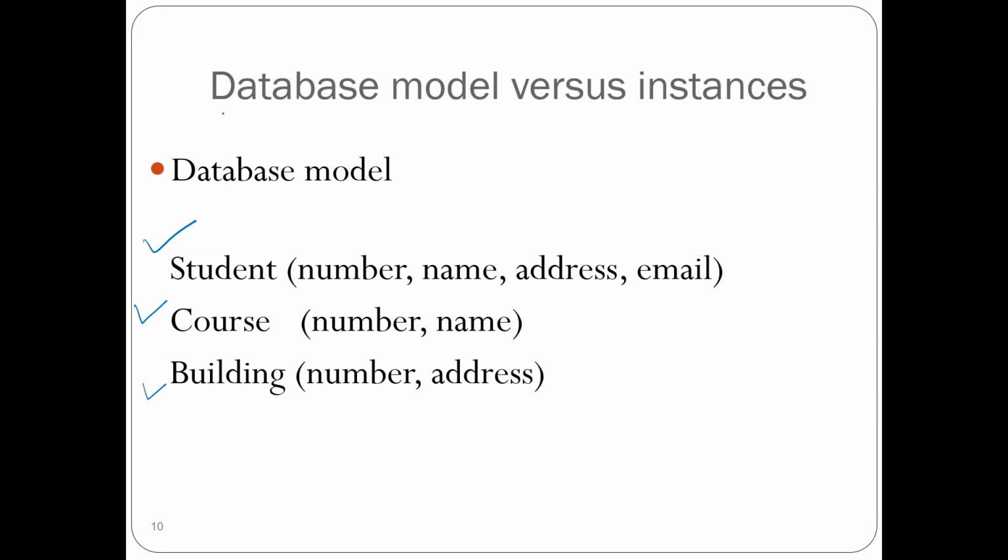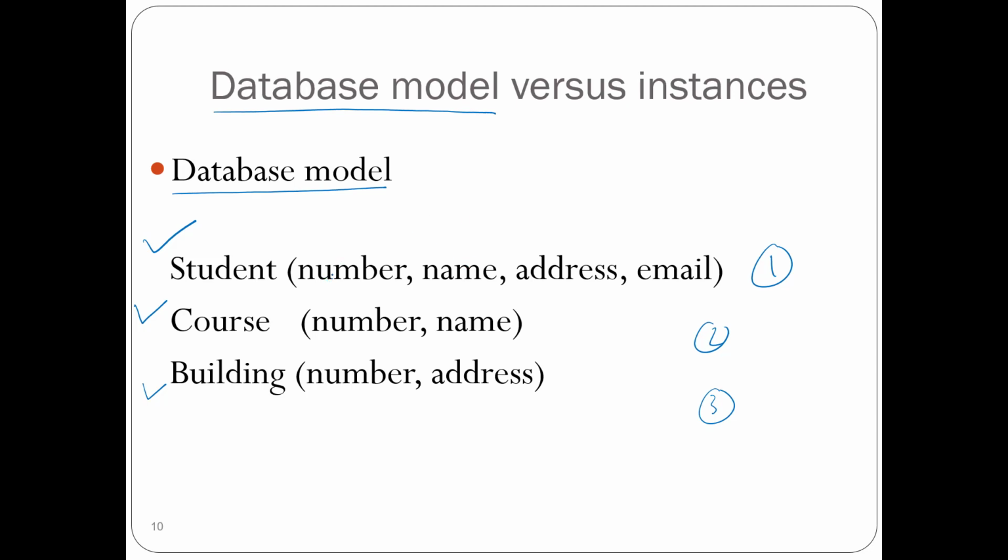So at the database model level, we determine that we are going to store our data in these components. How many do we have here? One, two, and three. These are the three components we have identified. There will be many more. Professors and programs are missing here, and there are so many other components missing, but we have kept it very simple. That's the reason only three components are shown.